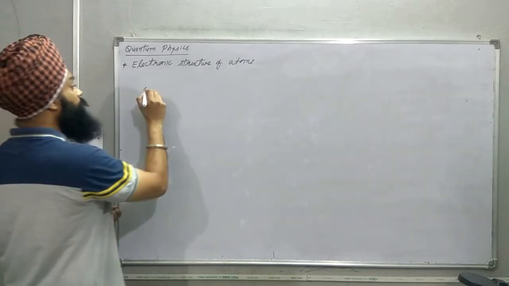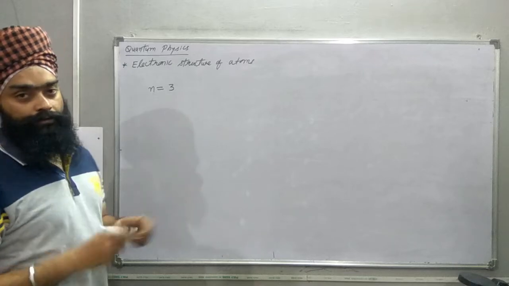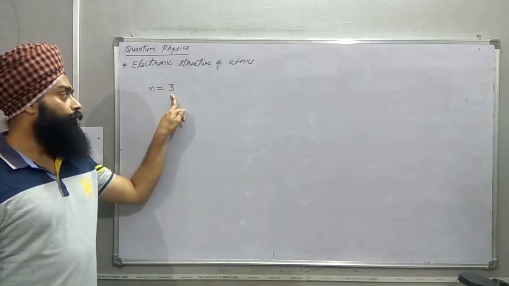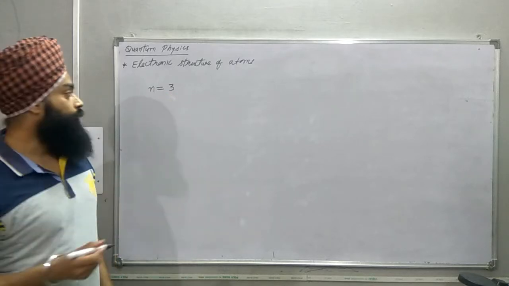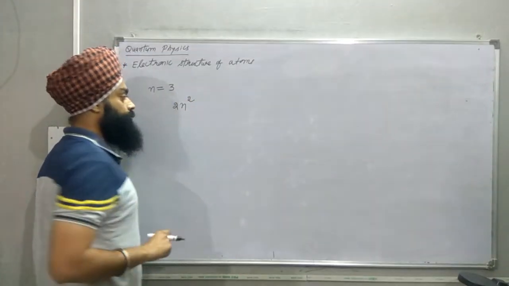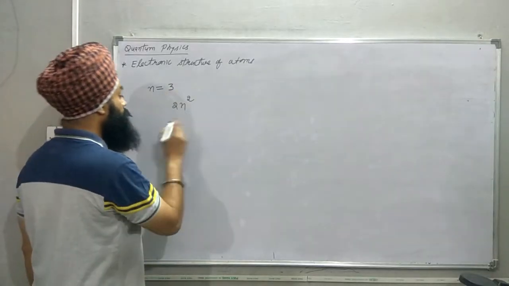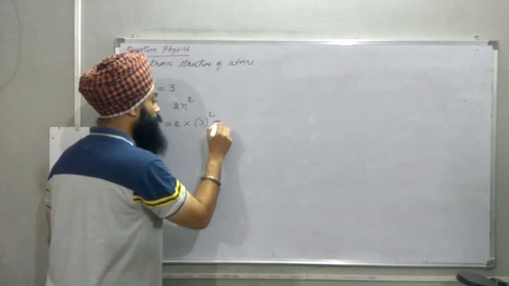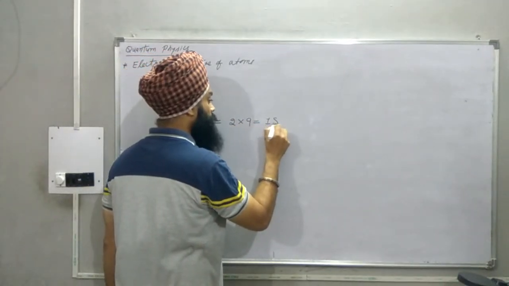If the value of n is equal to 3, and anybody asks you directly how many electrons can be accommodated for n is equal to 3, you have a simple formula, that is 2n square. This means, how many electrons are there for n is equal to 3: 2 into 3 square, then we have 2 into 9 is equal to 18.